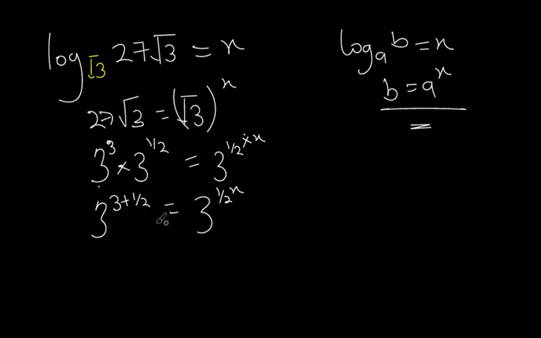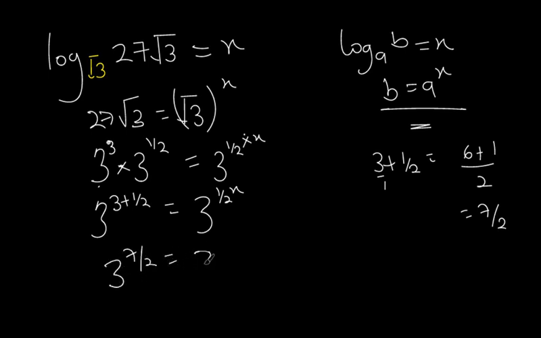So over here let's solve just 3 plus half separately. So we have the LCM to be 2. Here is 1, so it will go here 2 times, this is 6, plus 2 go here 1 times 1 will give us 1. So this is what? 7 over 2. So we have here 3 raised to the power 7 over 2 is equal to 3 raised to the power half x.